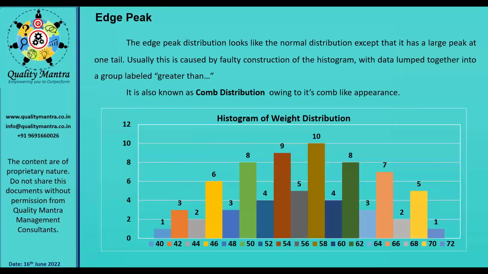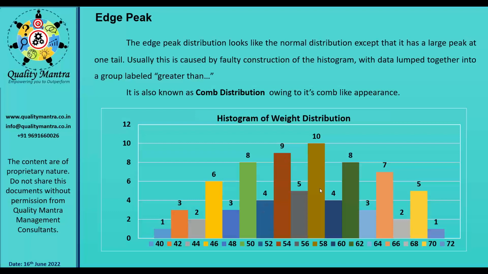Then the comb type, or edge peak type. This basically happens by faulty construction of the histogram, when you choose the number of bins incorrectly, or the bin ranges are calculated wrongly. Such kind of data appears.